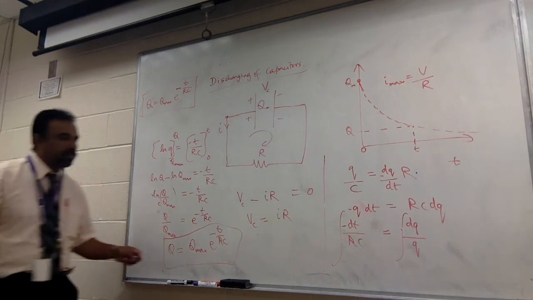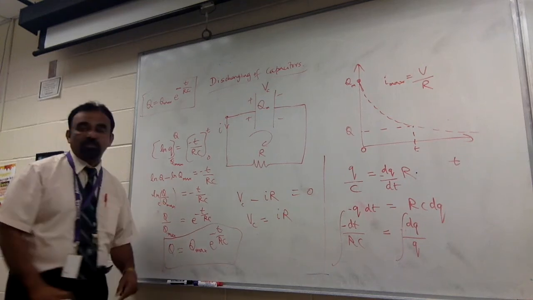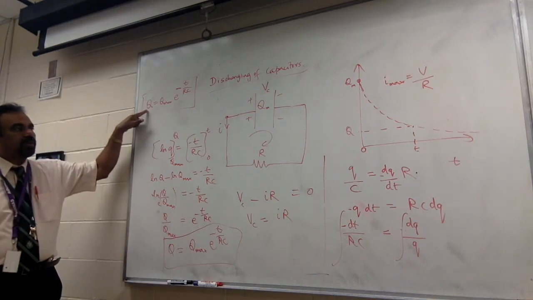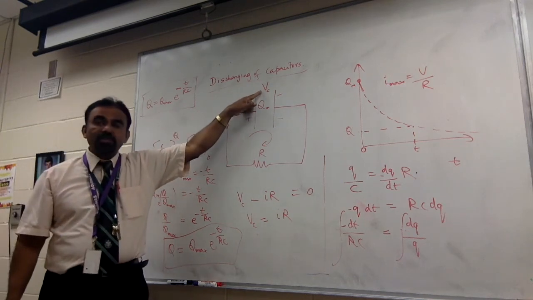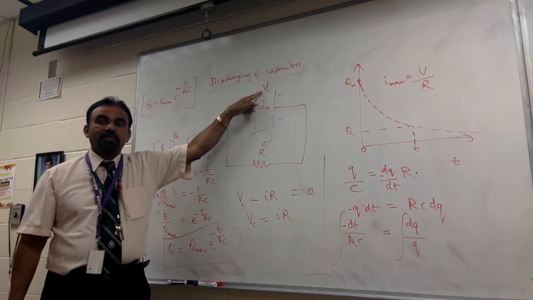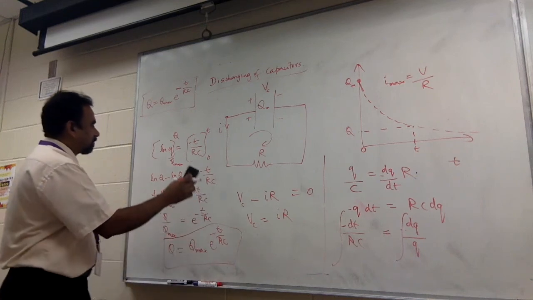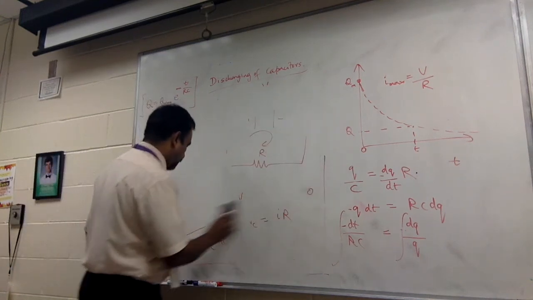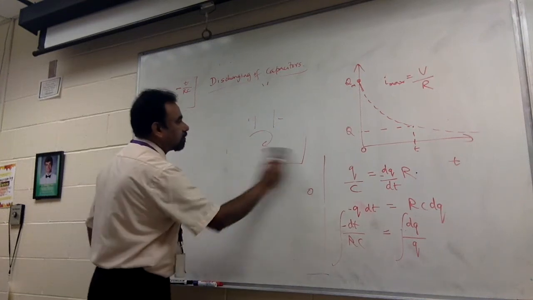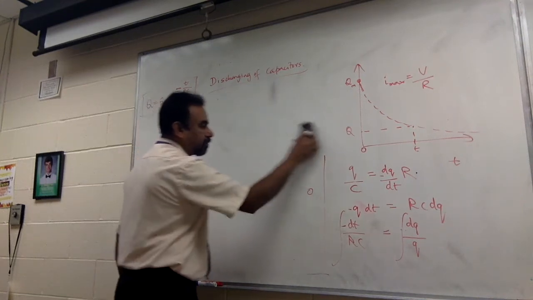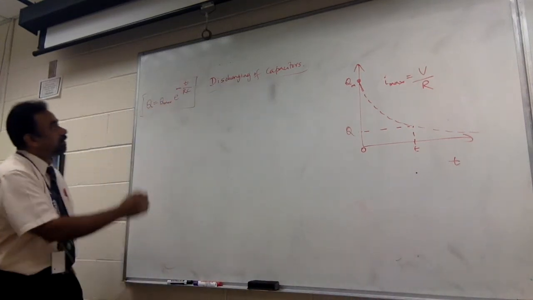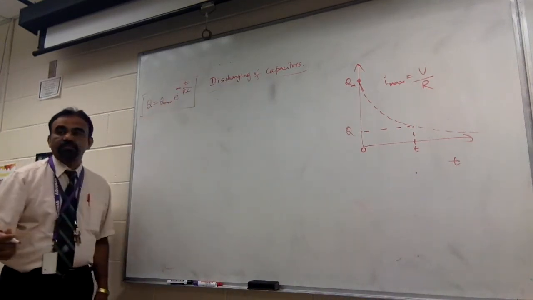Now, if Q is equal to Q max e to the power of minus T over RC, and if you substitute Q in terms of the voltage across the capacitor and the capacitance, what is Q equal to?